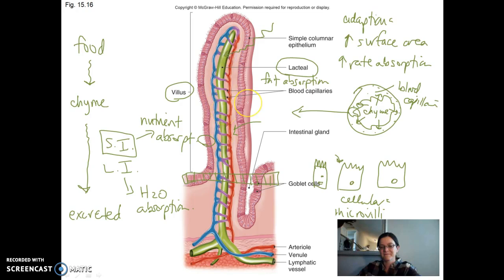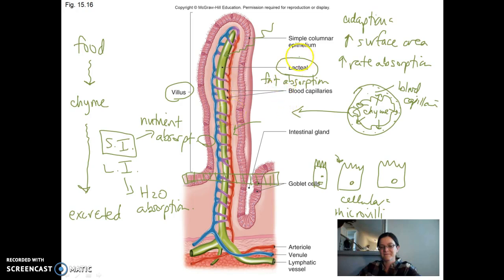So fat goes into the lacteal, passes through the entire lymphatic system, and then gets dumped into the subclavian vein. So the fat doesn't get into circulation quite as quickly as things like amino acids and carbohydrates, which are able to go straight into the blood capillary system.